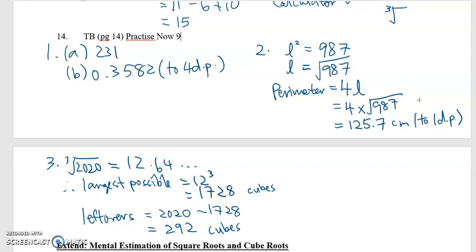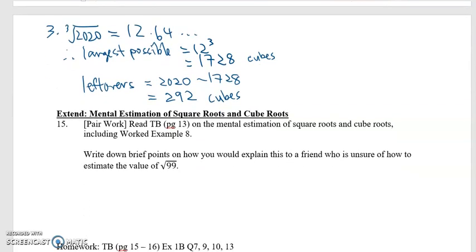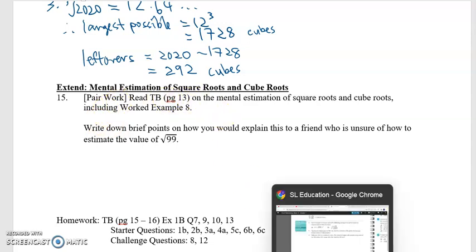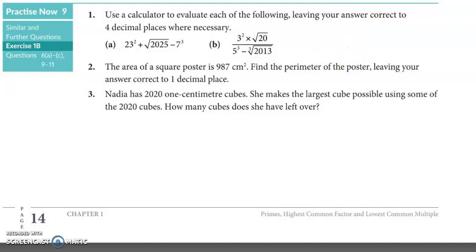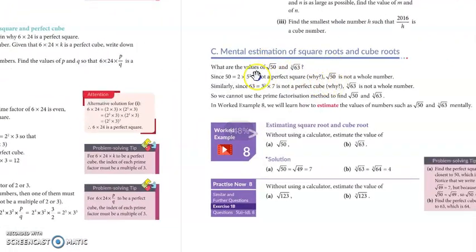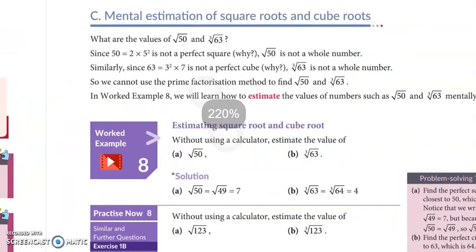We are nearing the end of this HBL session. The last part: it's initially a pair work, but I want you to try on your own first, to read page 13 on the mental estimation of square roots and cube roots. If you go to page 13, the bottom part shows a mental estimation of square and cube roots.